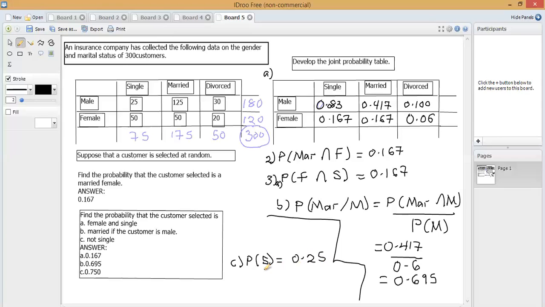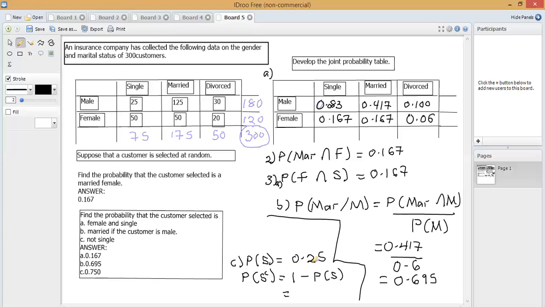By saying probability of not single, you are finding the complement. And you know that the complement of this is the same as writing 1 minus probability of single.